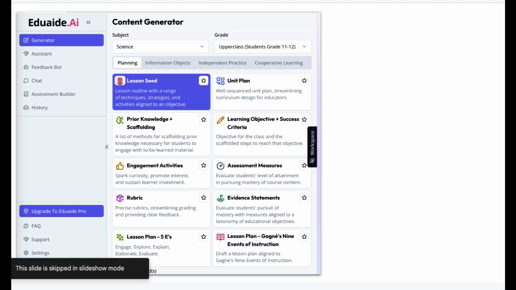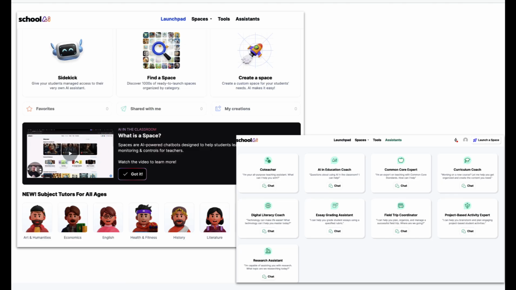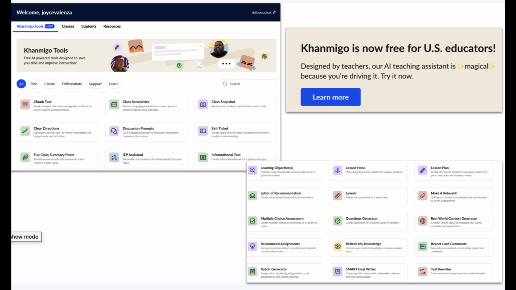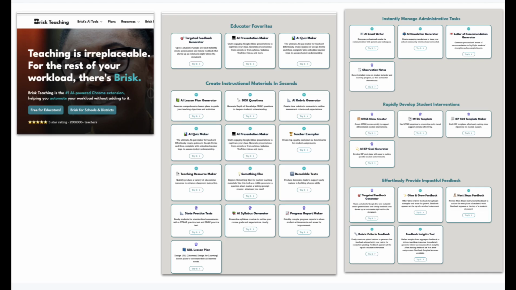EduAid AI is another one that is in that Swiss Army knife kind of category. School AI, this actually gives you all sorts of tools for teaching AI and for professional development. And of course, Khan Academy now has Khanmigo, which is free to U.S. educators and has wonderful lessons on AI.